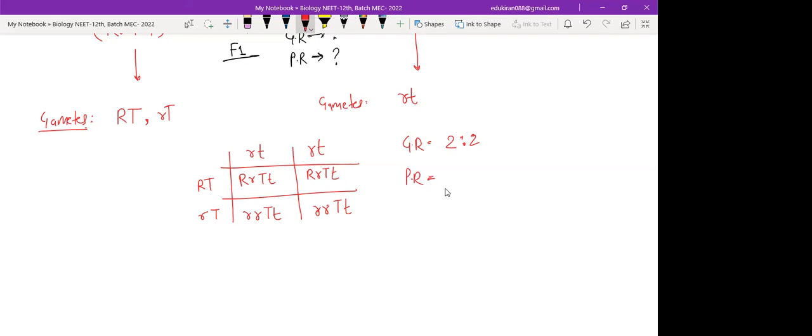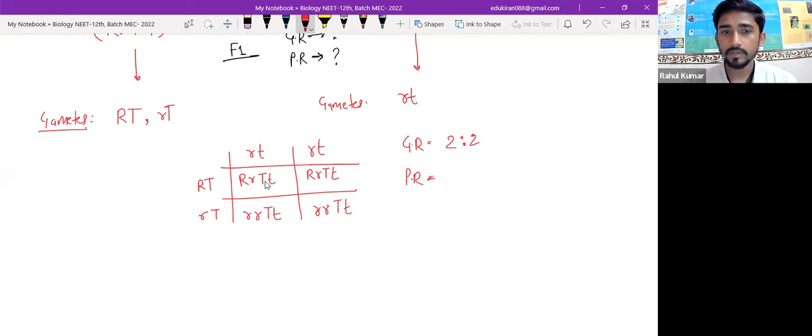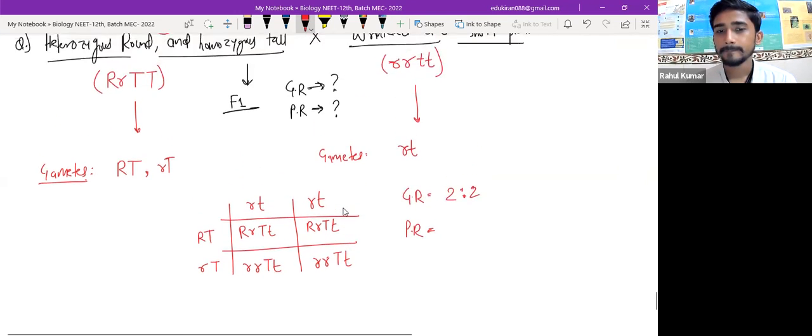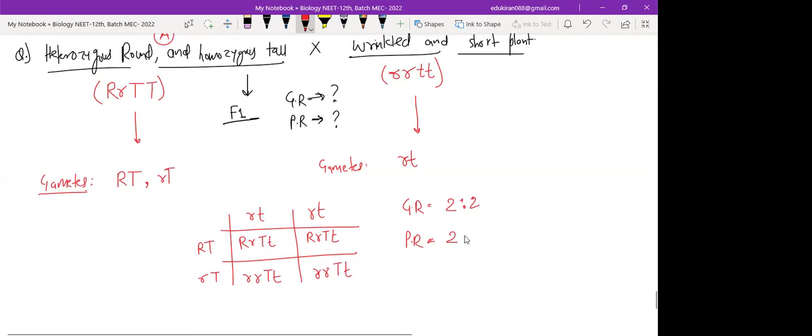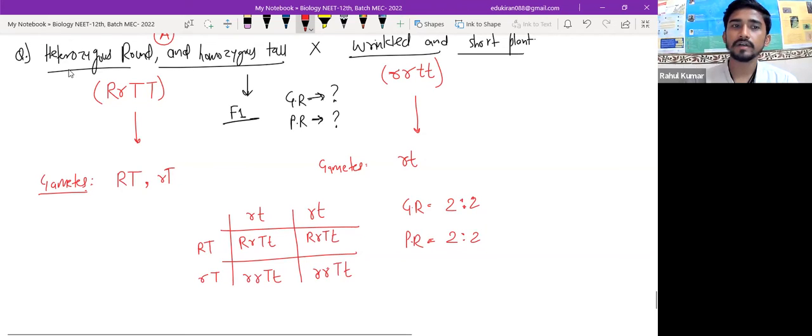Round tall and wrinkled tall, right? So 2:2. Correct. So we started with a round and tall and wrinkled and short plant, but in the first generation, we see that there is no short. Either it is round tall or it is wrinkled tall.